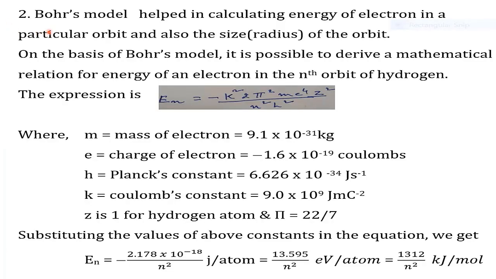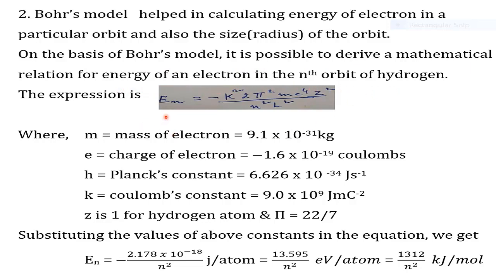Success of Bohr's model. Bohr's model helped in calculating the energy of an electron in a particular orbit and also the size, that is, the radius of the orbit. On the basis of Bohr's model, it is possible to derive a mathematical relation for the energy of an electron in the nth orbit of hydrogen.